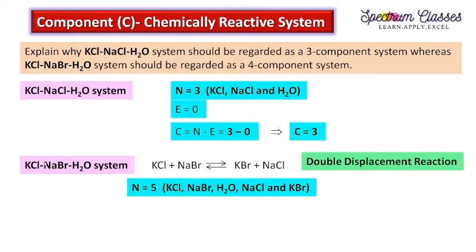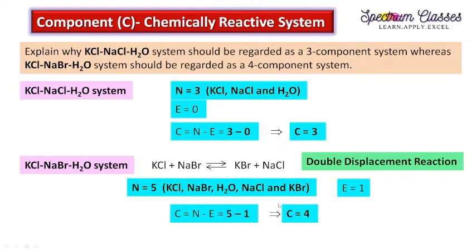Now the number of species: three species, KCl, NaBr and H2O. But because of this double displacement, we also have KBr and NaCl. So it is a 5-species system and the number of equilibriums existing between them is 1. So it is a 4-component system.